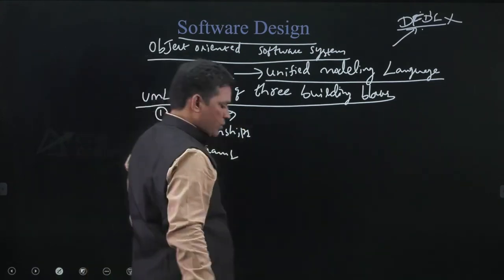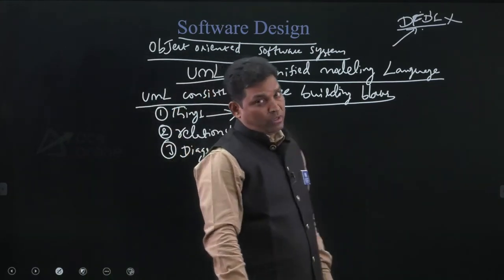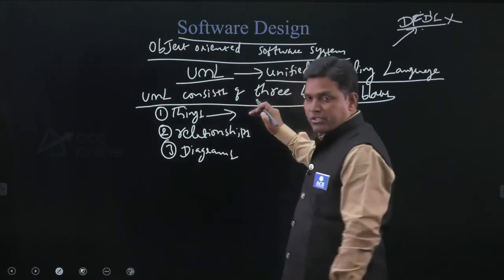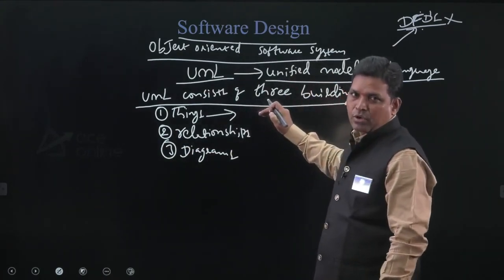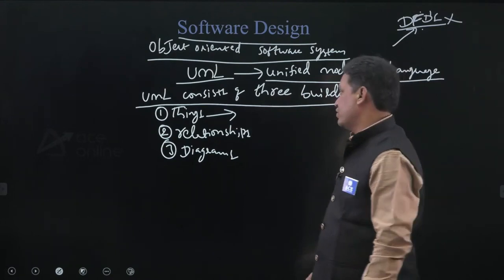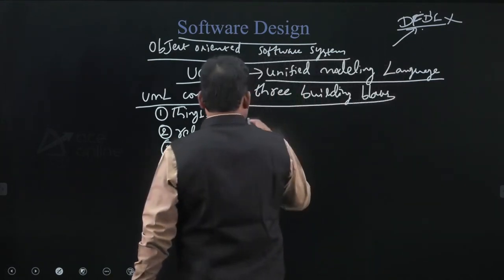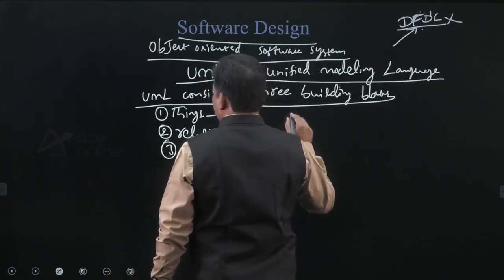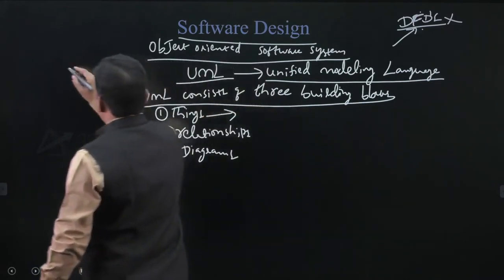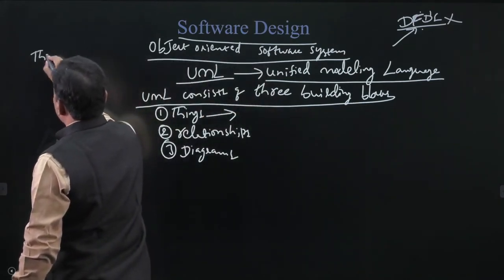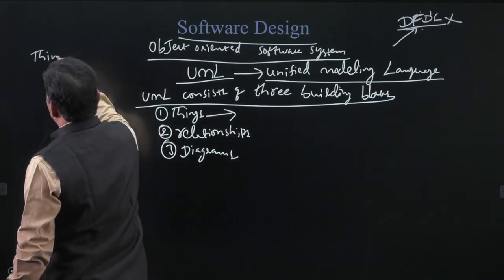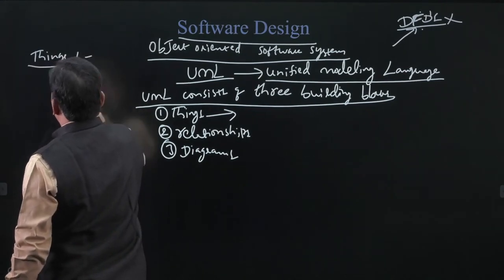Here, there are 4 kinds of things in UML. Things are classified into 4 categories.